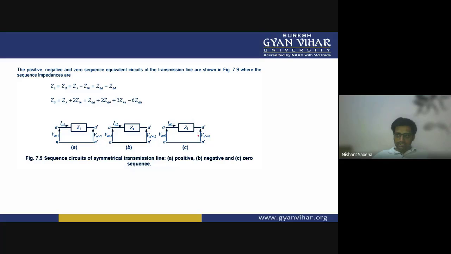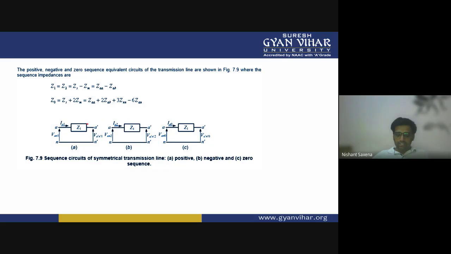Now this is the zero sequence circuit. I think something is missing, it should be Z2. Let me correct that. This will be Z2 and this will be Z0. IA0, IA1 and IA2 are the zero sequence current, positive sequence current and negative sequence current for phase A. I hope this is clear to you.